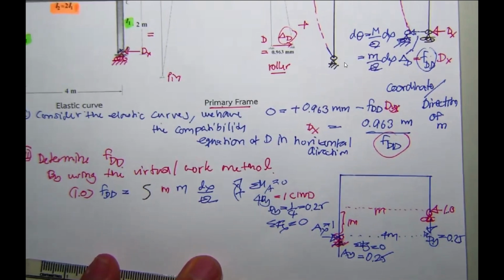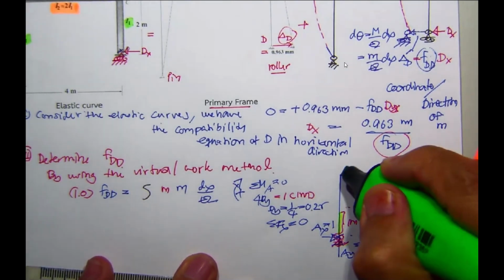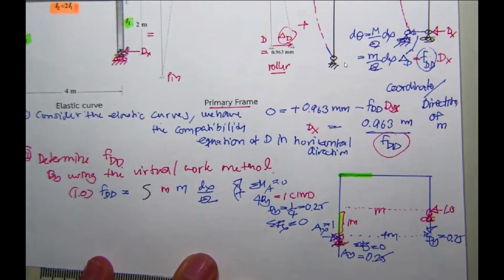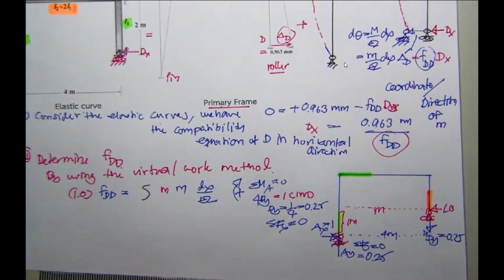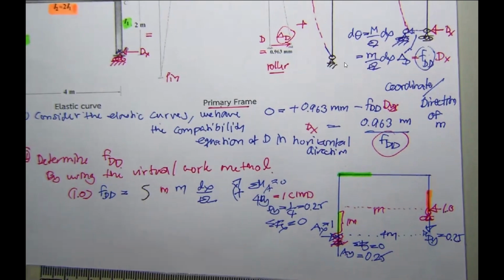We may say, okay, this is going to be x1, if you like to have, and then you think that you put this one to be x2, and then put this one to be x3. Okay, it's up to you.